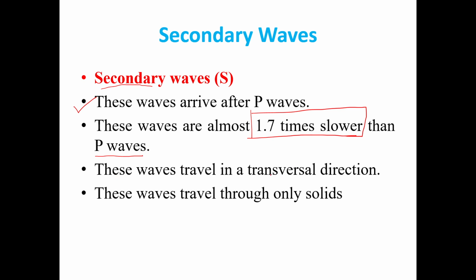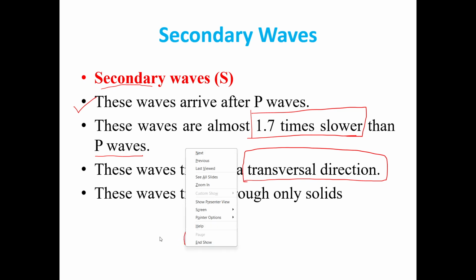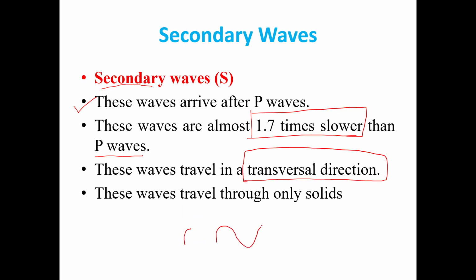We have seen one name, that is transverse waves. The reason is these waves travel in a transverse direction, like this. Suppose this is longitudinal, then this is the transverse.